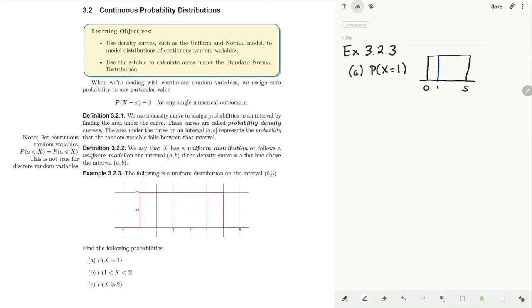But now, what is the area of a line? Well, since the line does not have any width, the area will be equal to 0. And so the probability that x is equal to 1 is equal to 0.